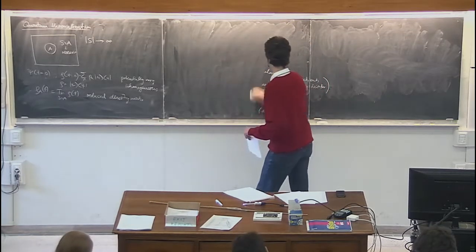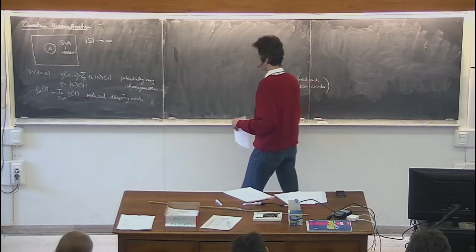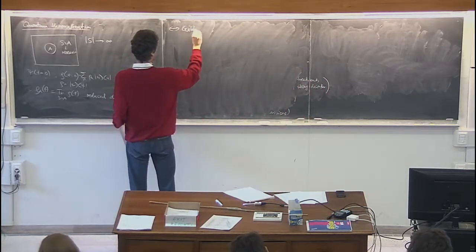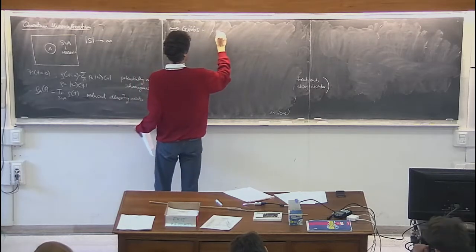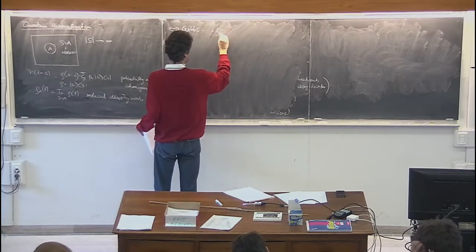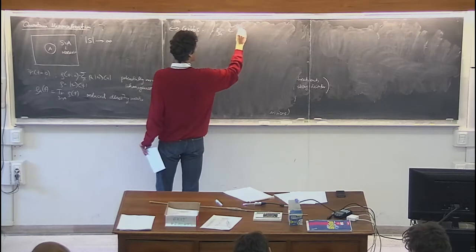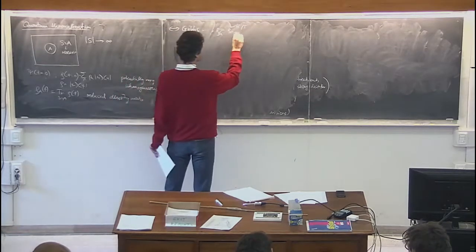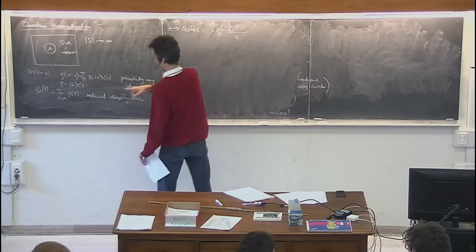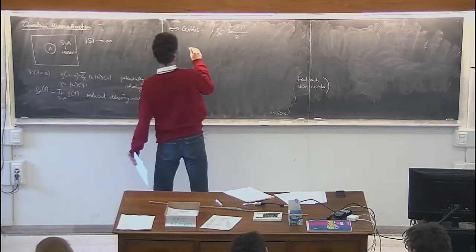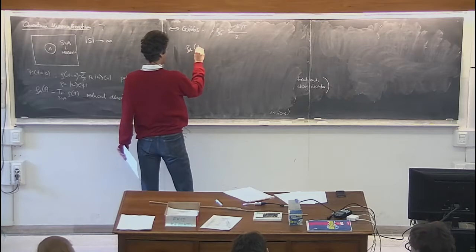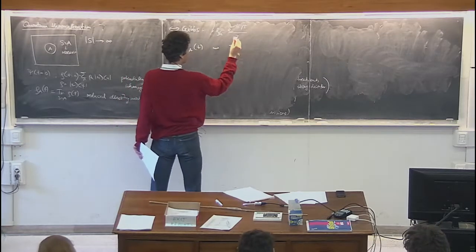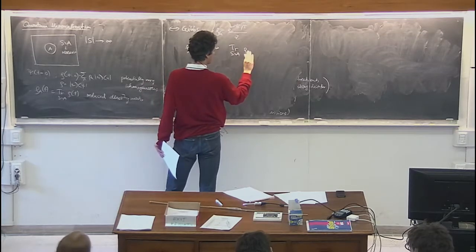So for the Gibbs ensemble, the full density matrix of the system would be e to the minus H of the full system over temperature, divided by Z. And so you have to compare this rho of t with the, of course, also traced out Gibbs ensemble.